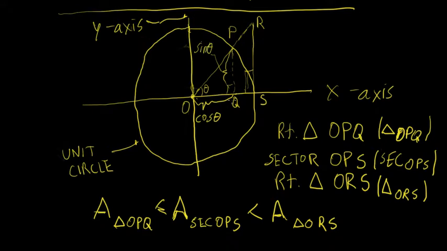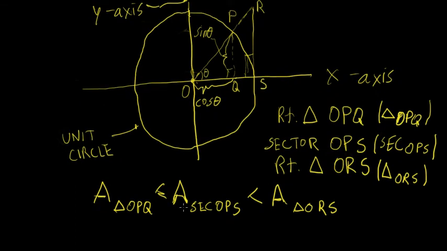So half base times height, the area of triangle OPQ, is 1/2 sine theta times cosine theta. And that's less than the area of this sector OPS.